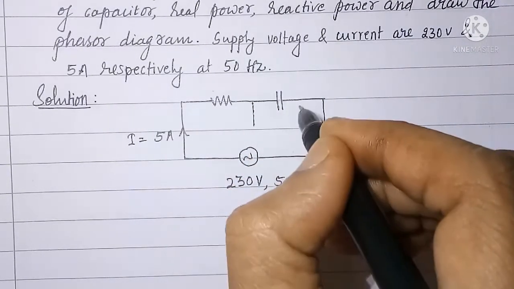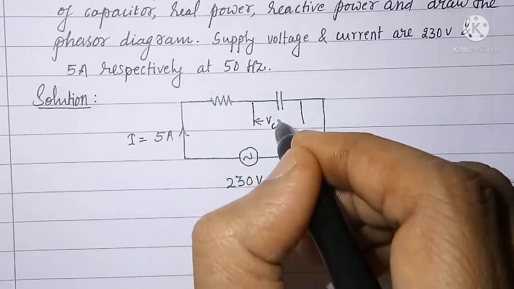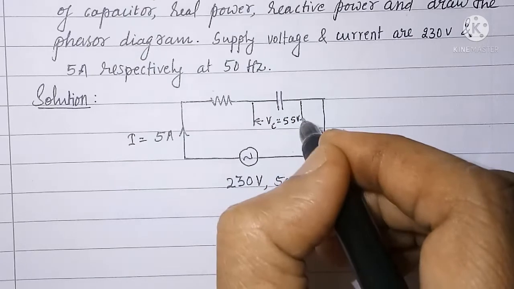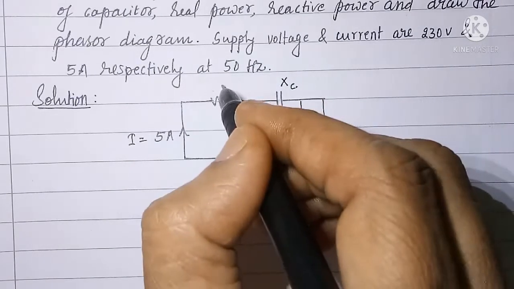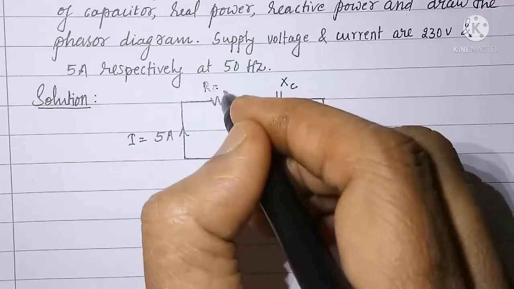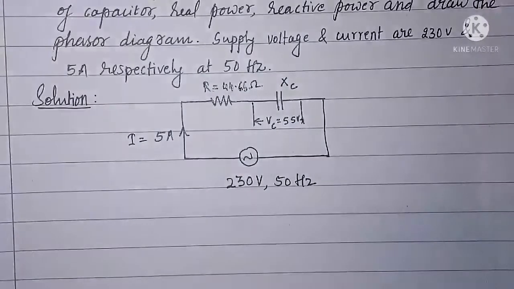It is given that voltage across capacitor is equal to 55 volt. So capacitive reactance is Xc and resistance R is equal to 44.66 ohm.